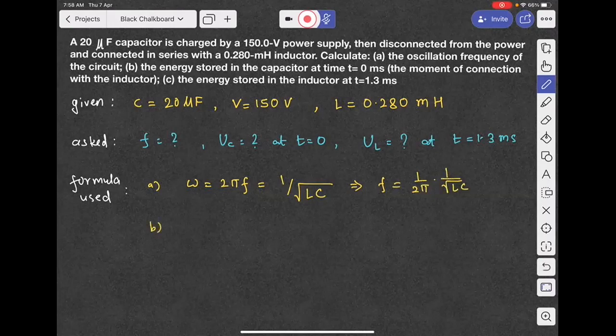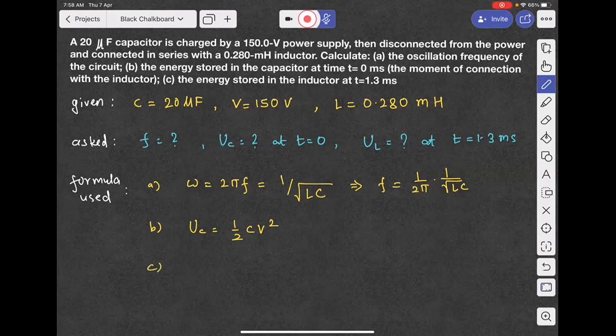In B part, we are asked to calculate energy stored in the capacitor at time t equal to 0. Capacitor energy is given by 1 by 2 CV square. This also we know.